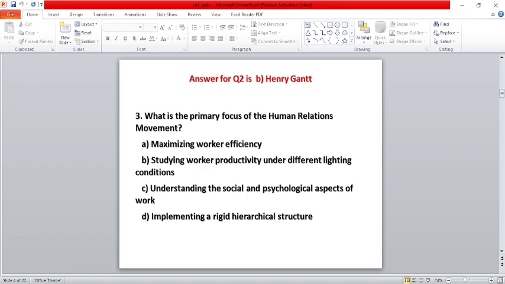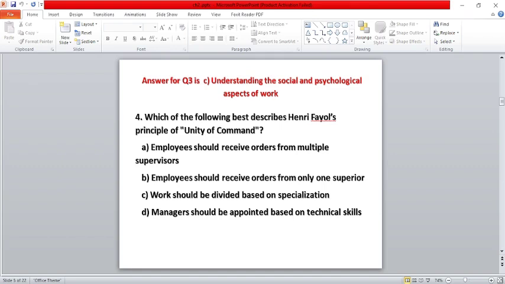Question number 4. Which of the following best describe Henry Fayol's principles of unity of command? A. Employees should receive orders from multiple supervisors. B. Employees should receive orders from only one supervisor.